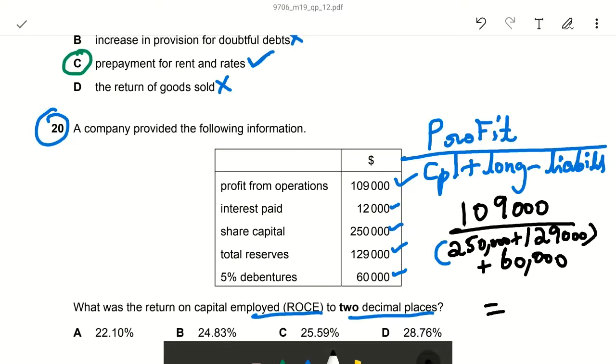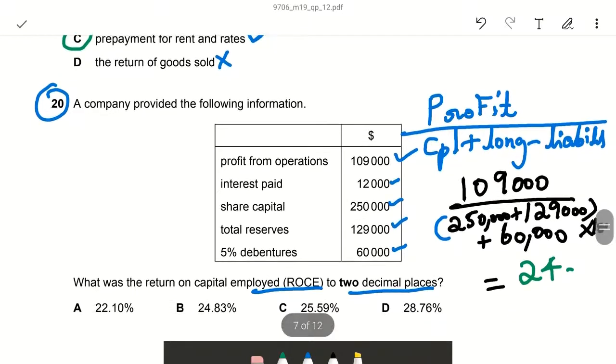What is the answer? Into 100. The answer is 24. So the correct answer is 24.83.